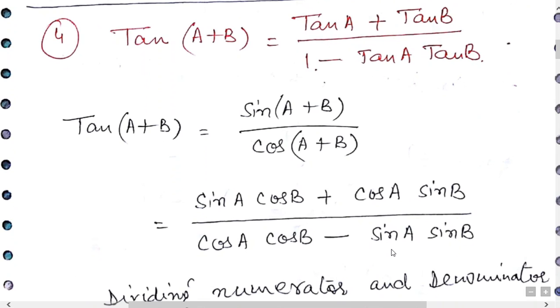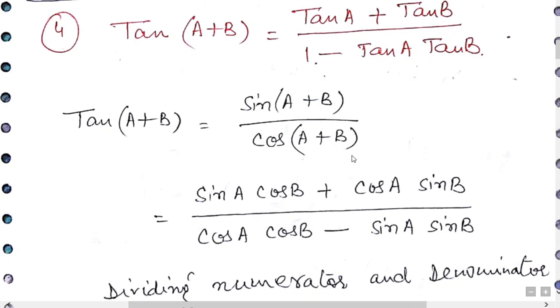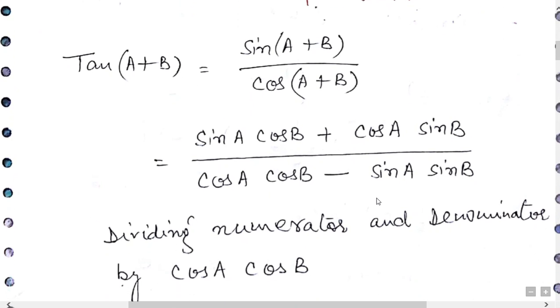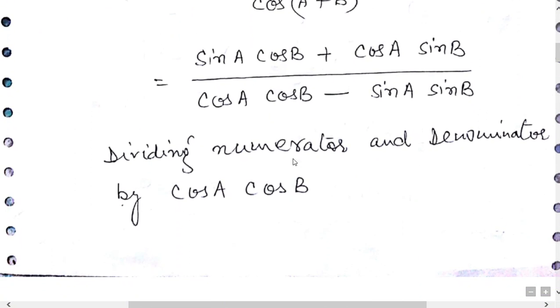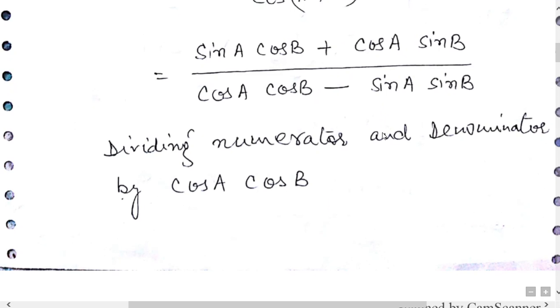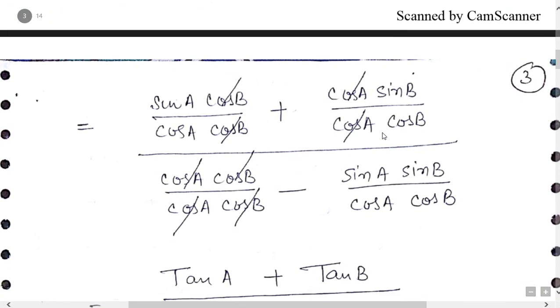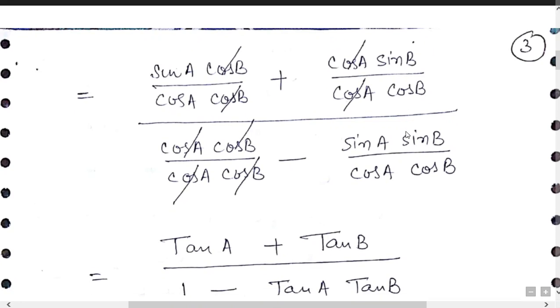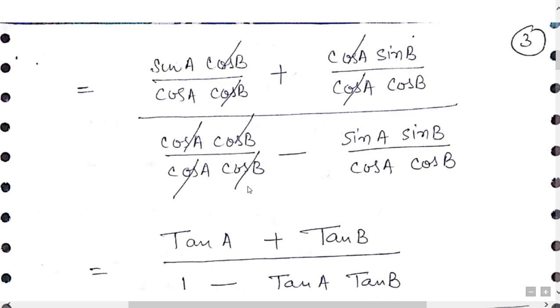Now if I have to find tangent(A+B), then simply divide sin(A+B) by cos(A+B) and write the formula. Then divide numerator and denominator by cos A cos B. Simply divide each term by cos A cos B and you will get first term as tan A and second term as tan B. Some of the terms cancel with each other.